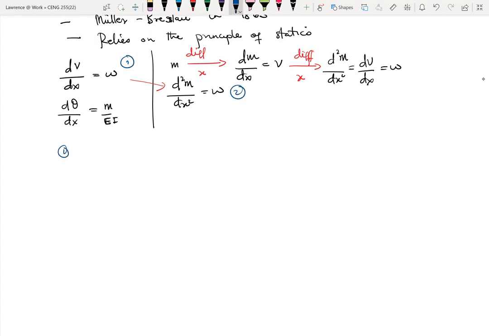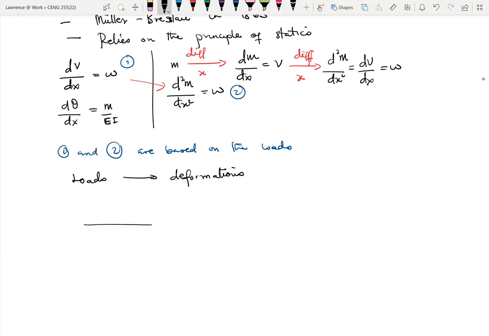Equations 1 and 2 are based on the loads, the internal loadings of the structure. And we also agree that these loads cause deformations.